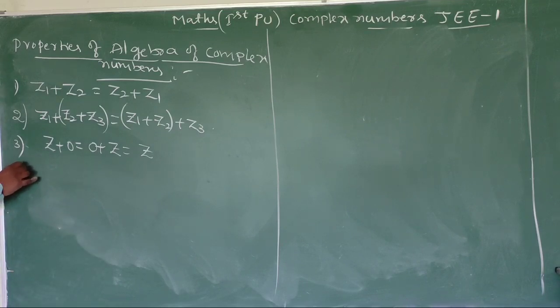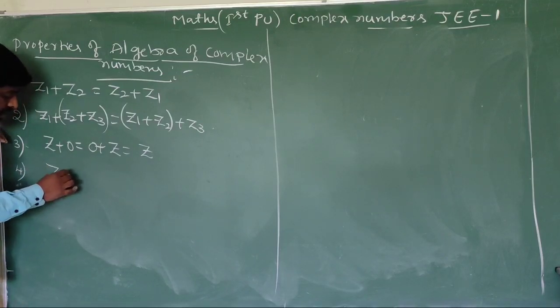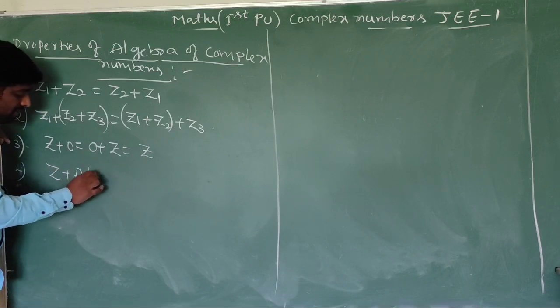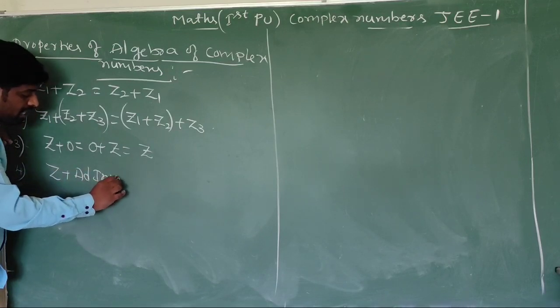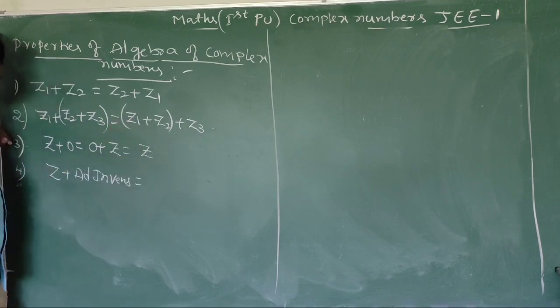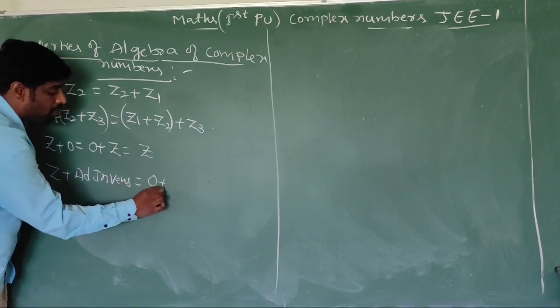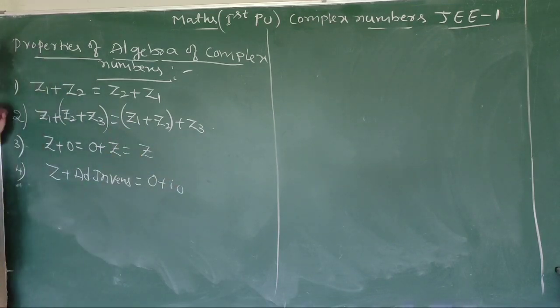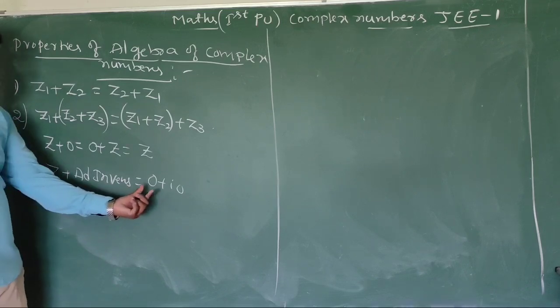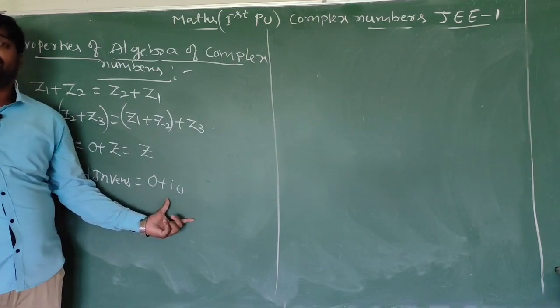Next, fourth one is additive inverse. Okay, z plus additive inverse is equal to 0 plus i0.